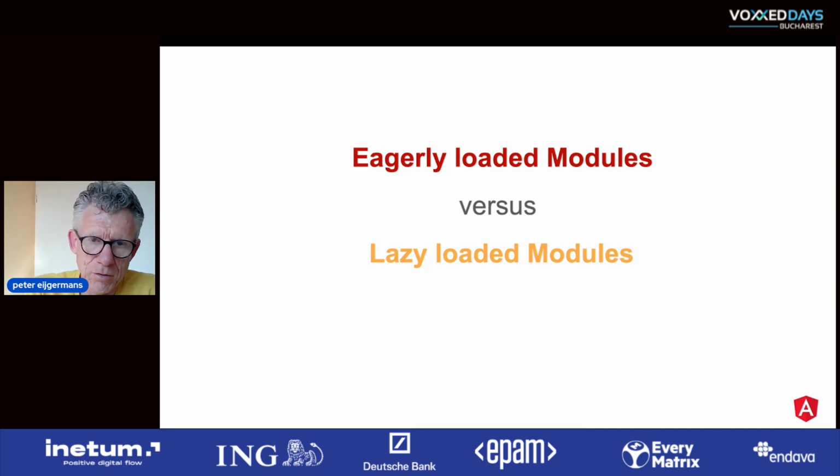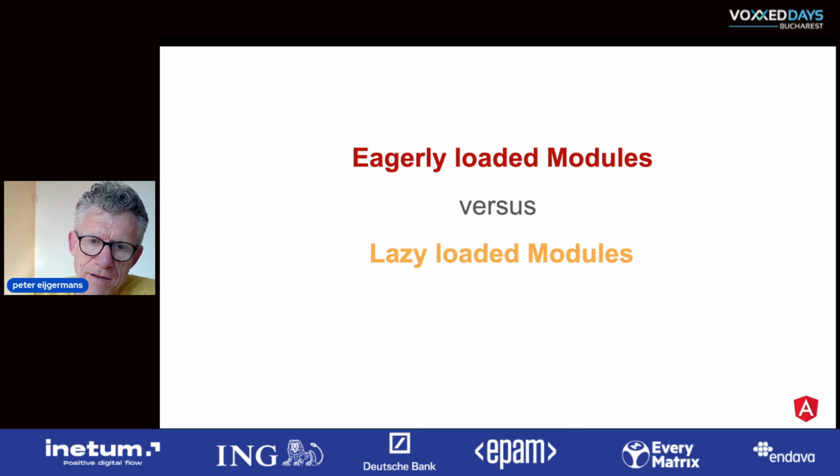Eagerly loaded modules are modules which, by default, are loaded during the startup of your application. But when you have a big application, it is also needed to use lazy loaded modules, because they are loaded only when you need them, not only at startup time.